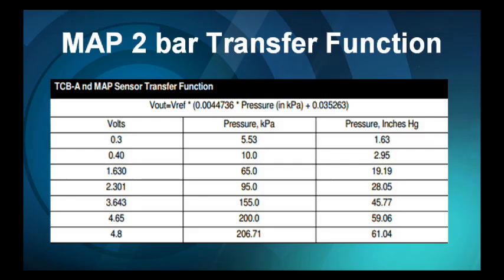Now some of the manifold pressure sensors found on the intake manifold come in different varieties. We may have a 2-bar manifold absolute pressure sensor. That means it can read atmospheric pressure up to approximately 15 psi, then positive pressure of another atmospheric pressure or 15 psi. This means it could read up to 15 psi of positive boost pressure.